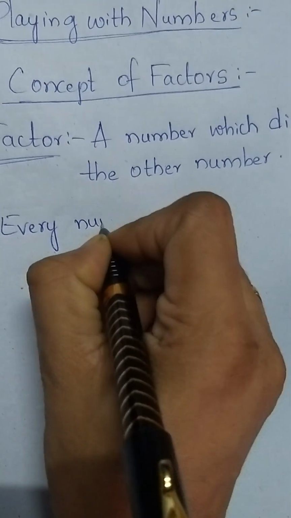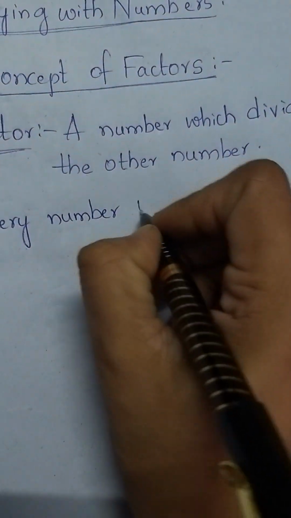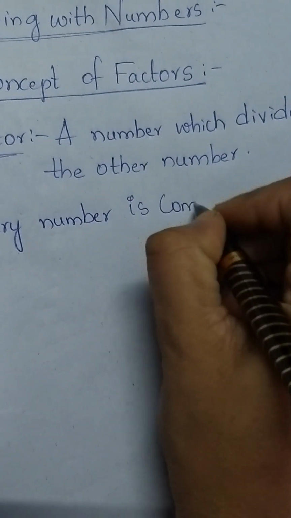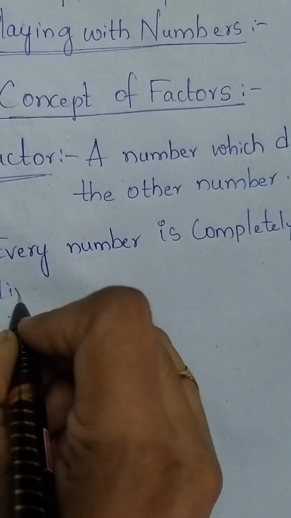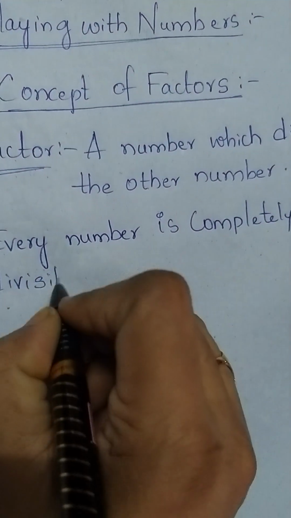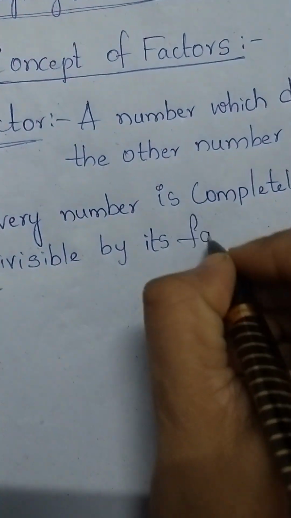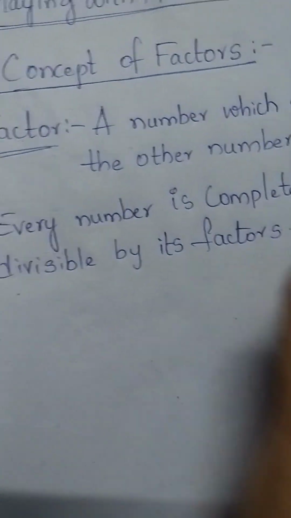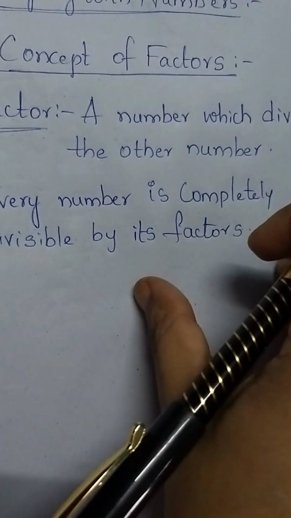A number which divides other numbers, those numbers are called factors, children.